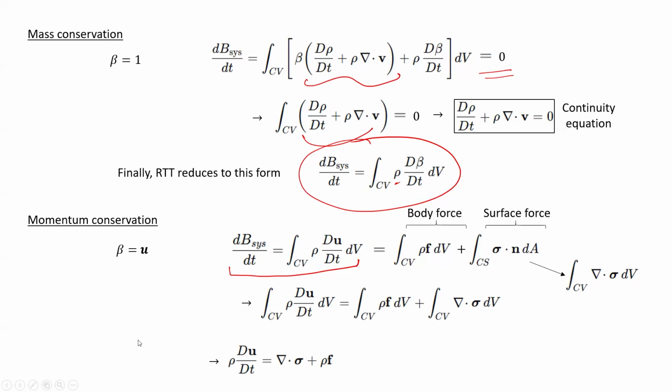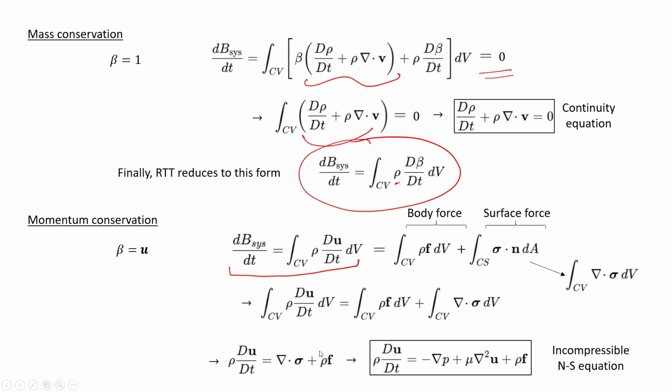From the integral equation, we have now derived the differential equation, and when you solve this further, you get the famous Navier-Stokes equation. However, what I have written here corresponds to the incompressible Navier-Stokes equation. So how do you derive this equation from this? Using constitutive relations.